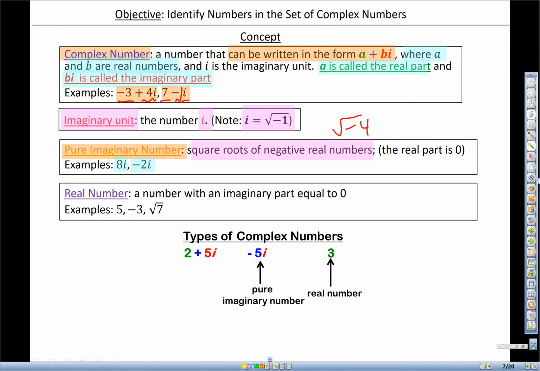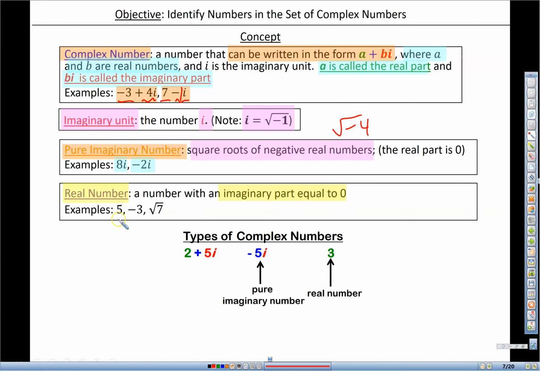Also part of the set of complex numbers are the real numbers, which you've already learned about. The real numbers are a subset of the set of complex numbers, and real numbers, remember, can be rational or irrational. In this case, the imaginary part is equal to 0.